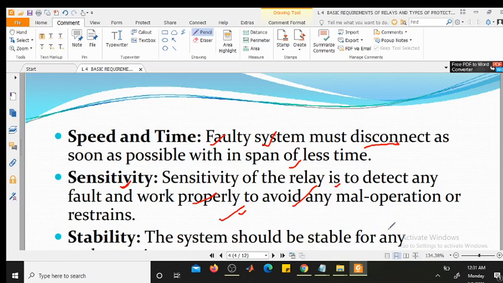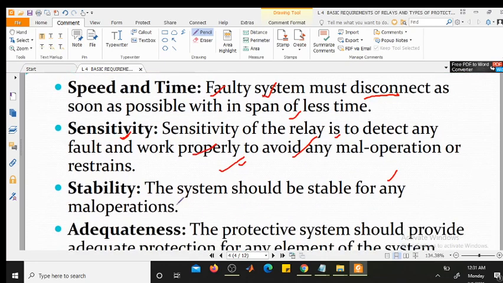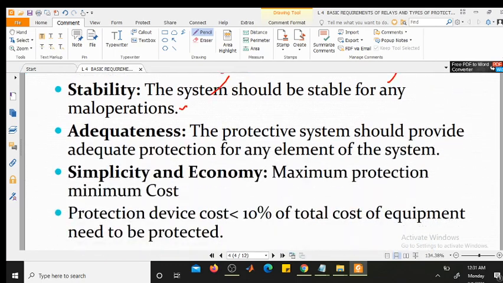Next is stability. Suppose there are faults in the power system or any maloperation, the system should not lose its stability. Next, adequateness: the protective system should provide adequate protection for any element, whether generators, transformers, transmission lines or bus, whatever we are using in the power system.